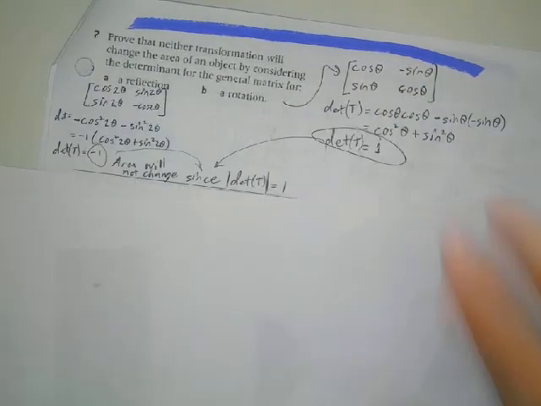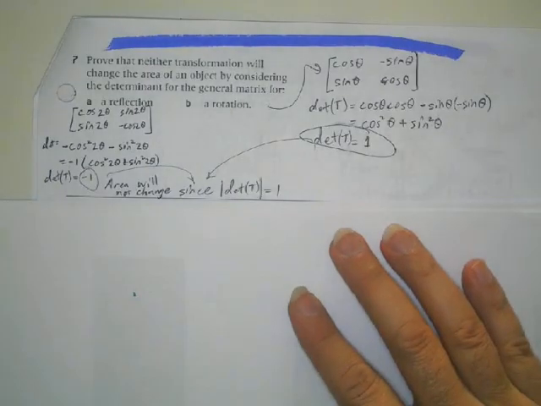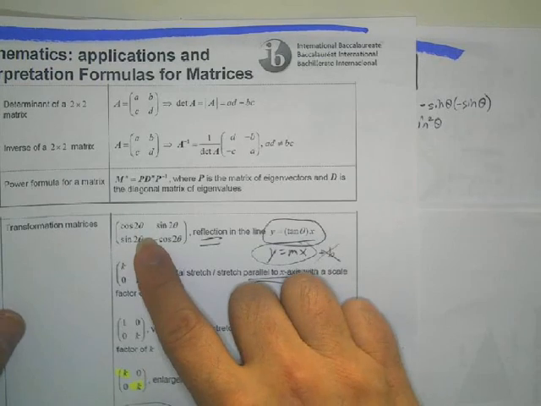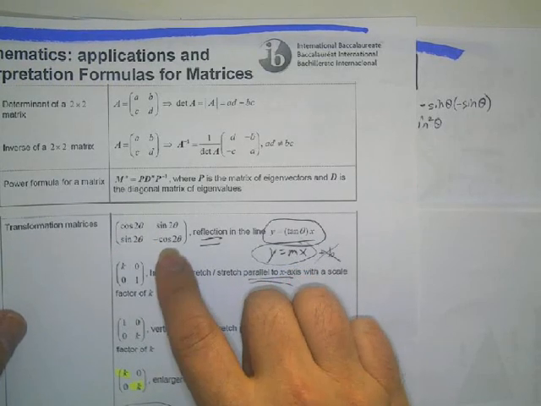Okay, so a reflection follows this transformation: cosine 2 theta, sine 2 theta, sine 2 theta, negative cosine 2 theta.